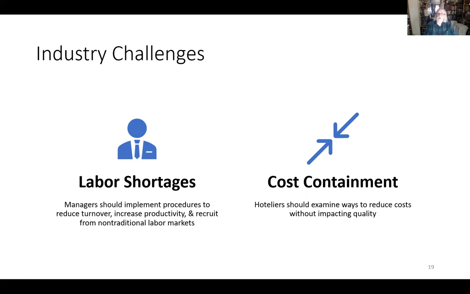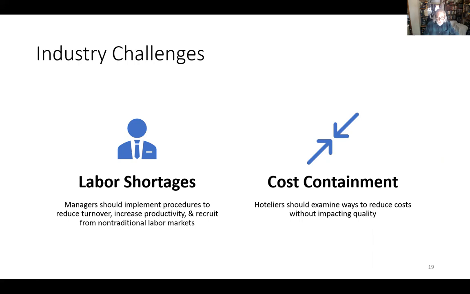And so we definitely need to be efficient, but again, being effective in the hotel industry, meeting our mission, in other words, is satisfying the guest and having them have a really quality experience. So we can do that. Leaders in all industries who can become the most efficient and not have an impact on quality, particularly when they're delivering a service, are the ones who are going to dominate the marketplace.